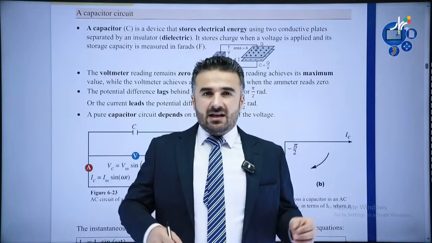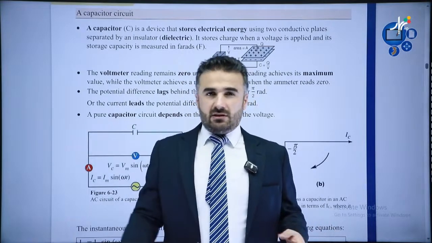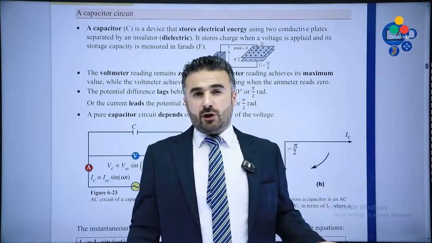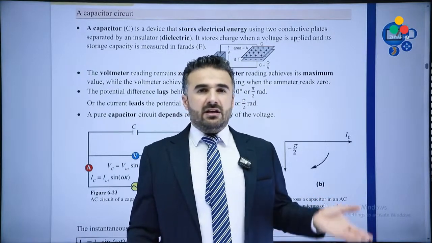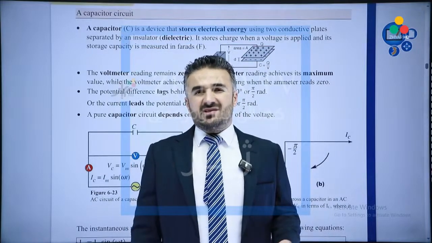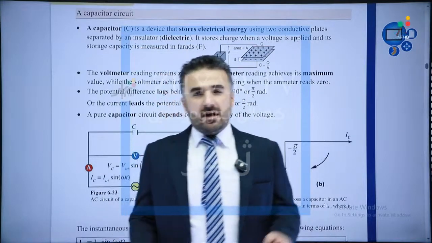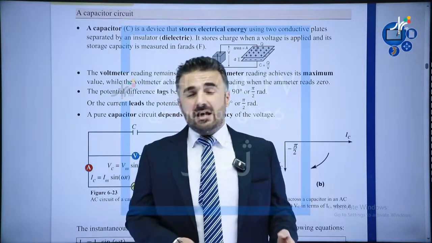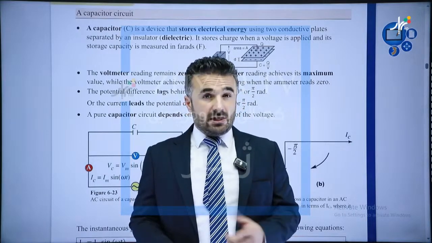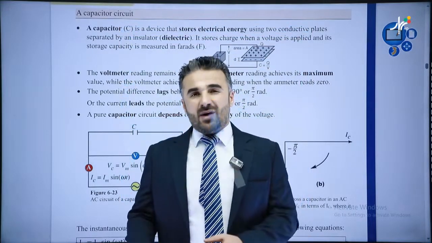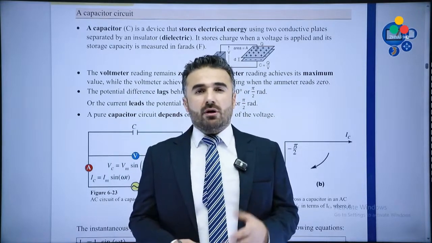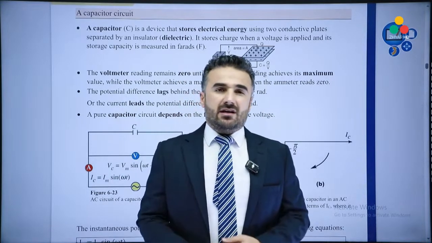Then the reading on the ammeter decreases gradually while the reading on the voltmeter increases gradually until the reading of the voltmeter becomes maximum, and the ammeter becomes minimum or 0. And we said that the voltage lags behind the current in a capacitor circuit, if only a capacitor is connected to the circuit, by an angle of 90 degrees, or pi/2 radian.